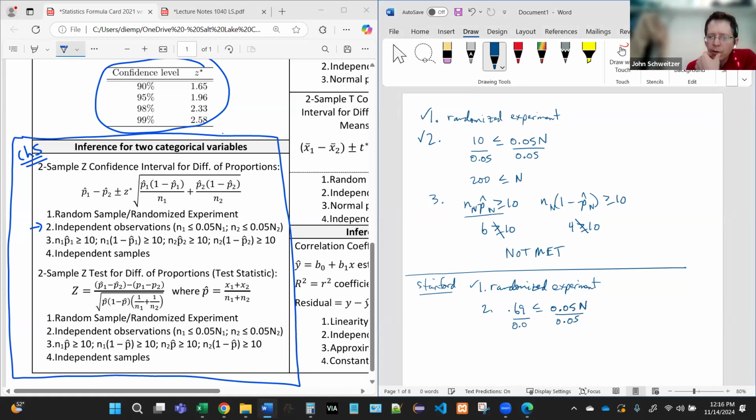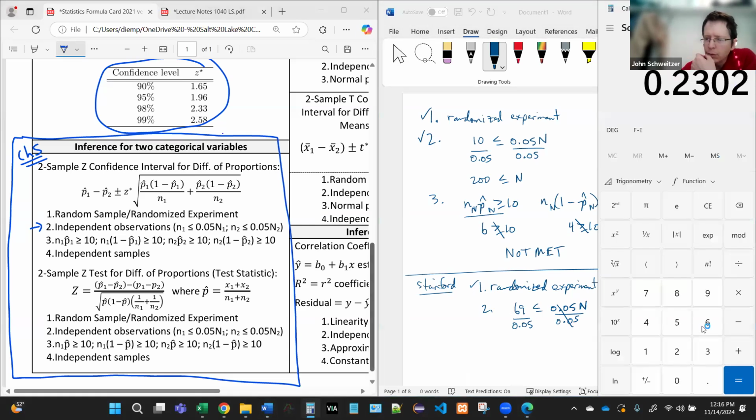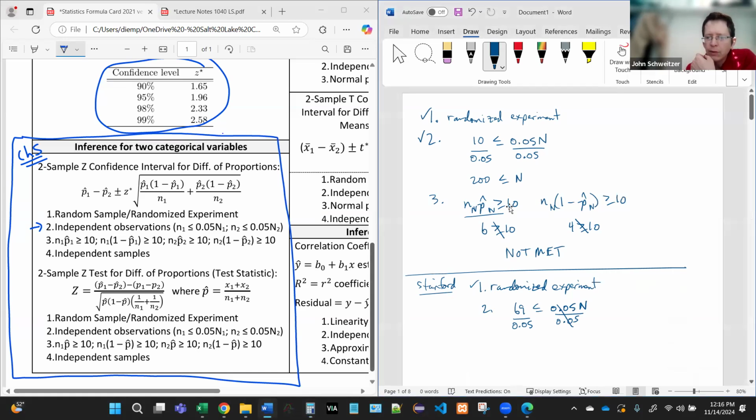So if we divide by 0.05, 69 divided by 0.05 is 1,380. Certainly there are more than 1,380 people at risk for a heart attack, right? So we should be fine there. And with the other sample, it's obviously the case that 24 being less than 69 must be less than 5% of the population, right? So we're good there.